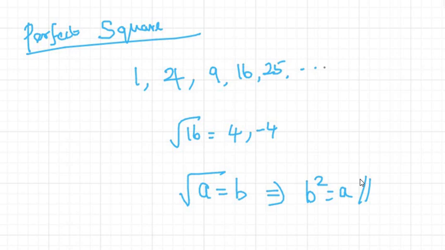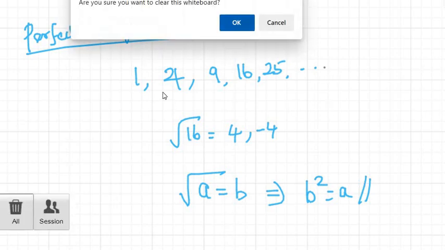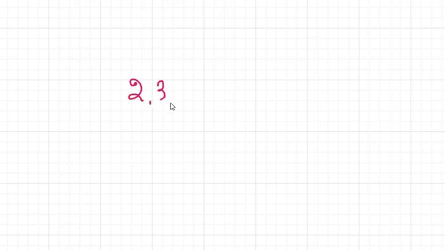They are perfect squares. And please note down, no perfect square ends with 2, 3, 7, 8. For example, this is a 5-digit number that ends with 8.